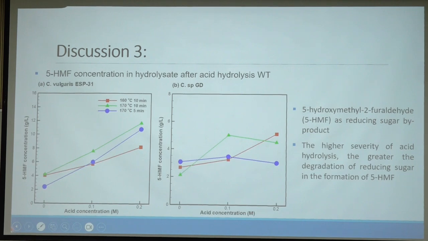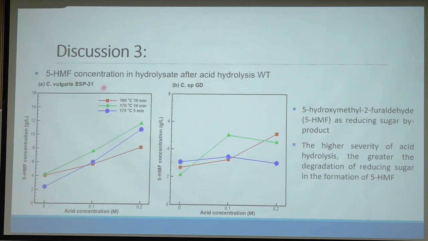But one interesting finding is what? Similar to the previous study, we also found the 5HMF that we produced in the hydrolysis after the wet reaction process. The amount of the 5HMF also increased with the increase of the acid concentration.